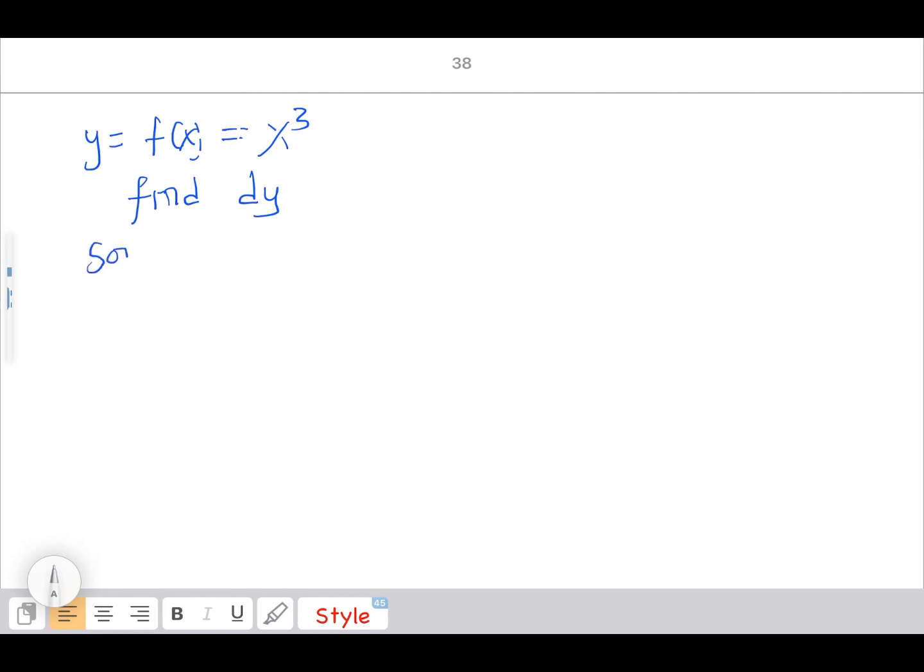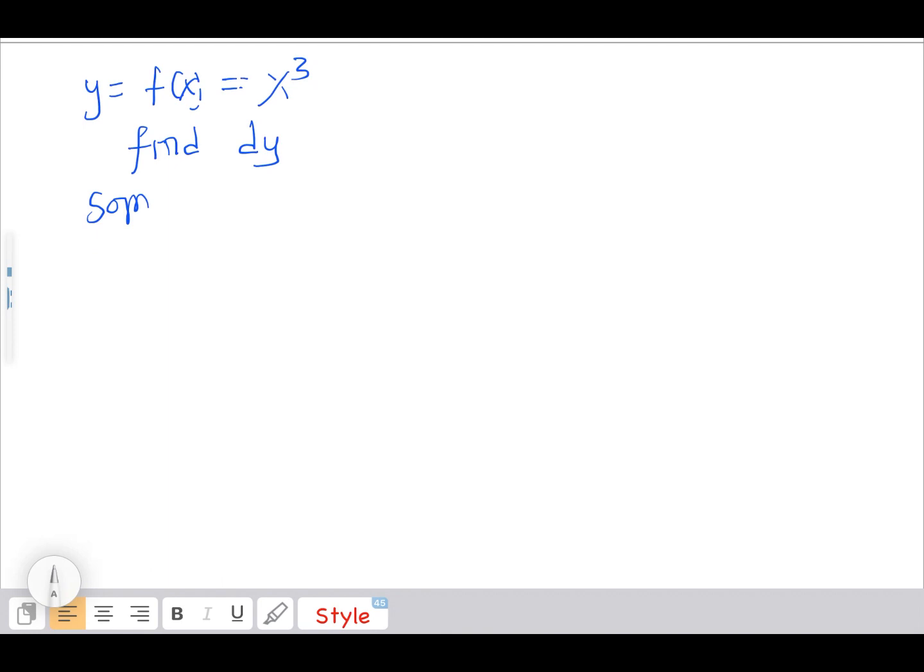Solution. What we need to do is that now we have our function y equal to f of x, which is equal to x power 3, and we are being asked to find dy. So finding dy is a simple differentiation as we have already treated it.